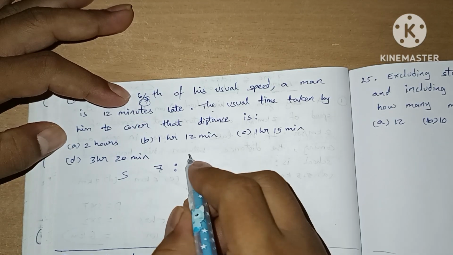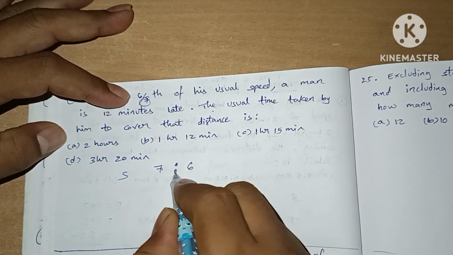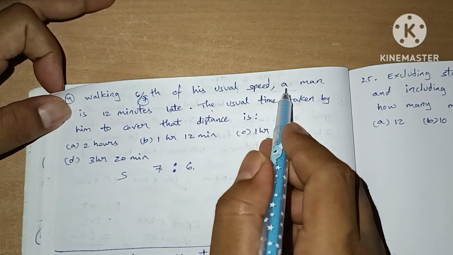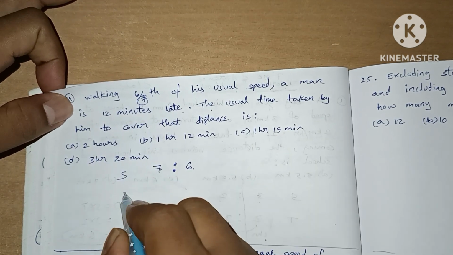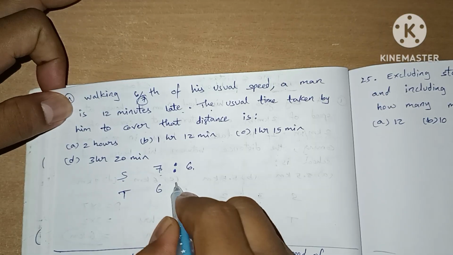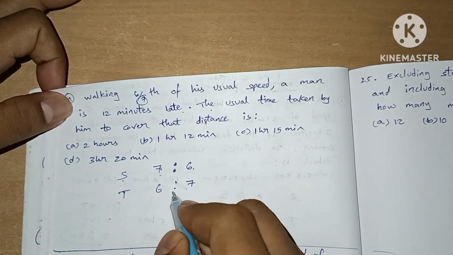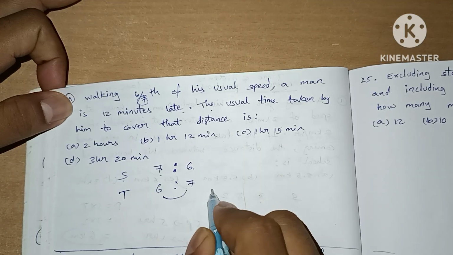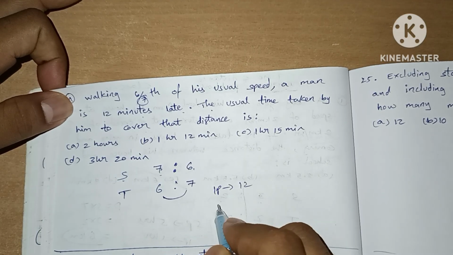Now he went with a speed of 6. A man is 12 minutes late, so that is the time difference. The speed ratio is 7 is to 6, so the time ratio is 6 is to 7. Given that he is 12 minutes late, the difference between these two is one part, whose value is 12 minutes.